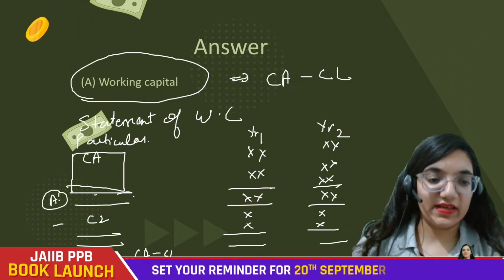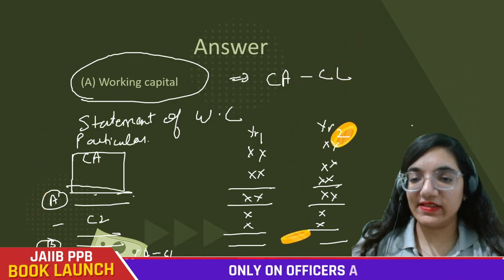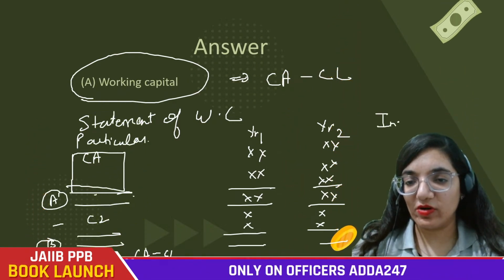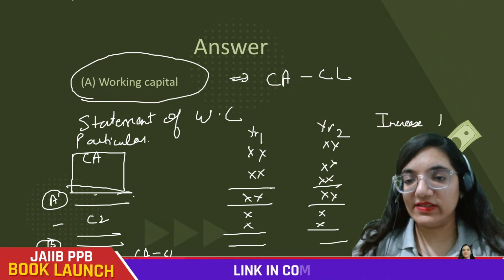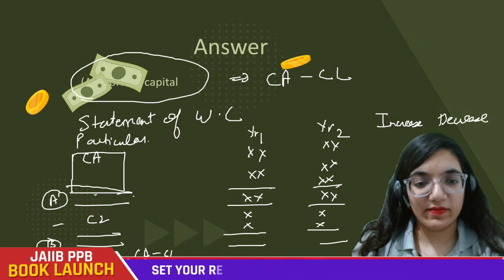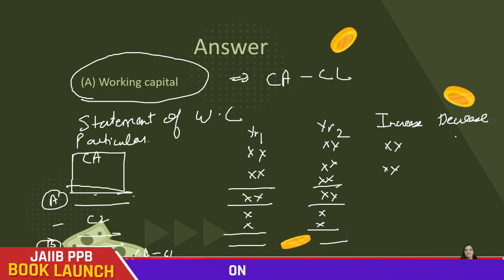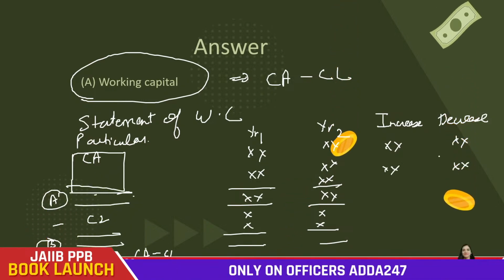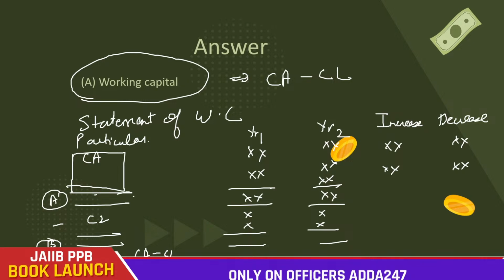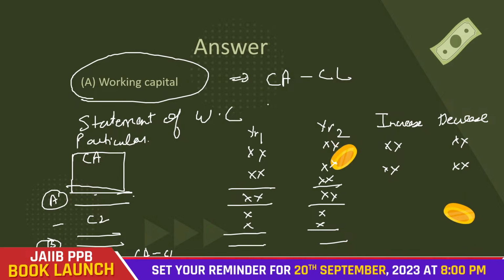That is, they will deduct B from A. Along with this, they will also make 2 more columns, which they call increase and decrease column, where they will show it. So this would be the entire working capital statement. Clear, everyone?